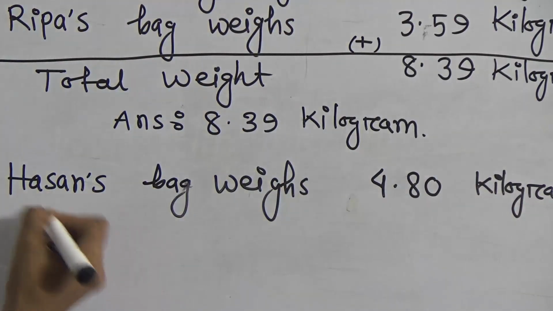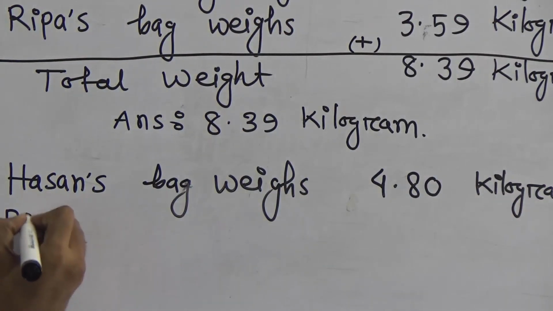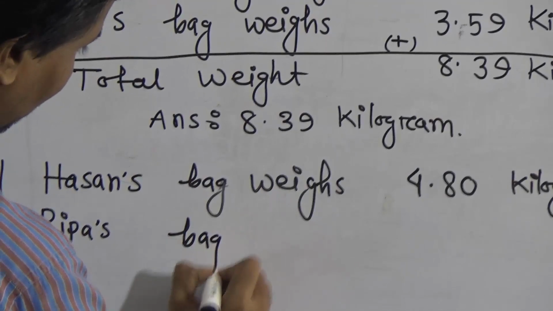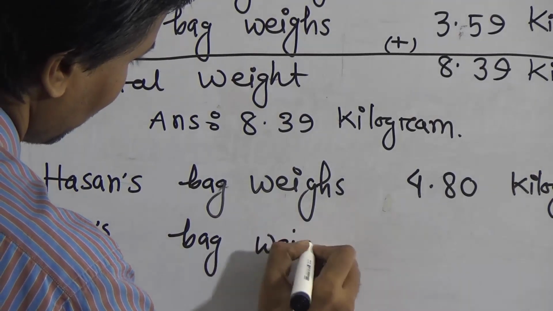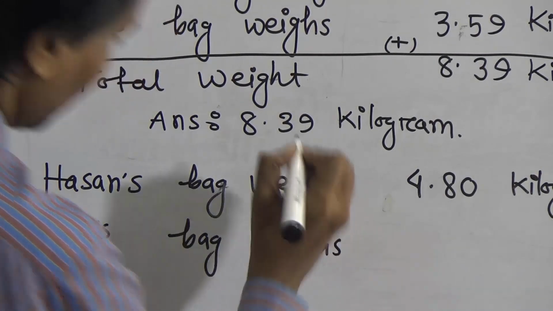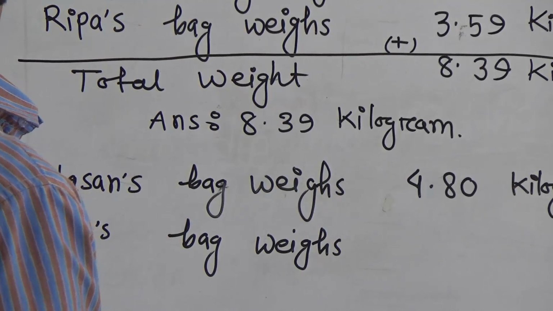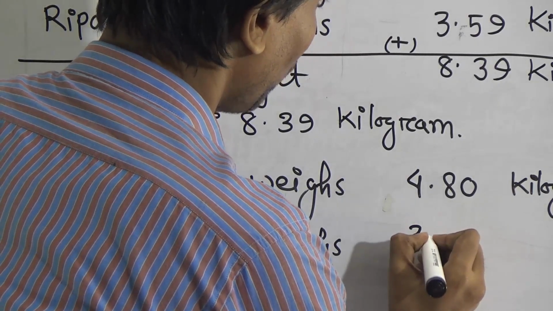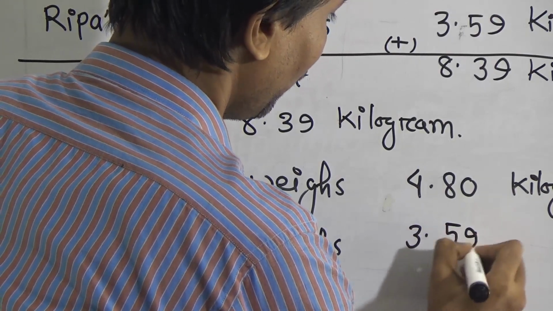Then Ripa's bag weighs how much? 3.59 kilogram.